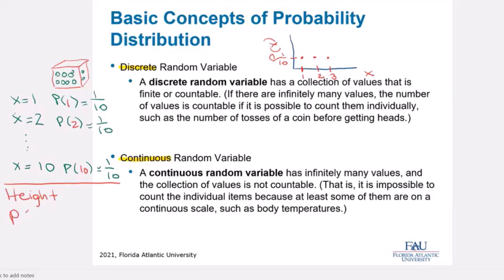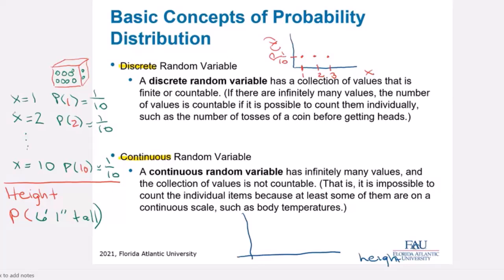What is something that is continuous? What's the probability of a man being 6 feet 1 inch tall? The chance that someone's exactly 6 feet 1 inch tall is very, very small. Maybe they're 6 feet 1 inch and 1/100th of an inch tall, right? That's a possibility. When I graph this, we'll call this height, and we can call this the probability of x.